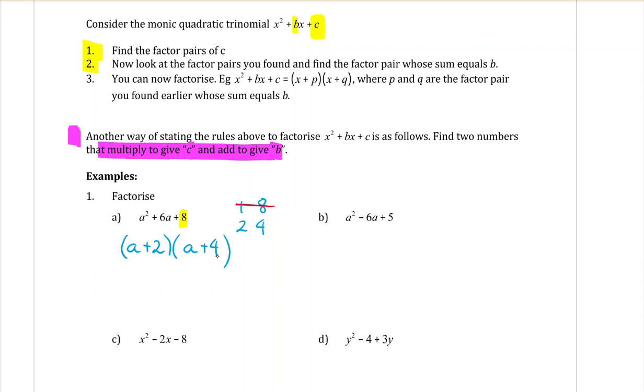So for example, let's look at B. First of all, I'm looking at this 5. I need to find numbers that multiply to give 5. There is only one option, 1 and 5. They're the only things that times to give 5. However, in this question, when you look at your middle number, it is a negative 6.